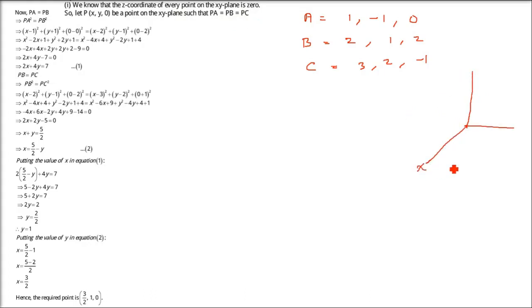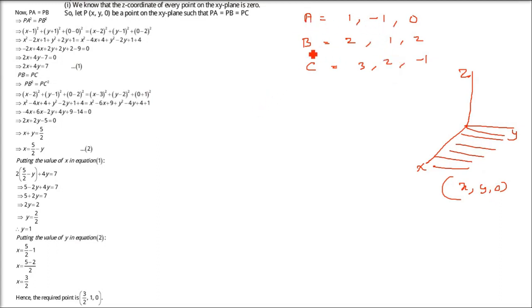This is x, this is y, this is z. So if you are talking about the XY plane, Z is 0 here. Any point on the XY plane will be some X, some Y, and then 0.